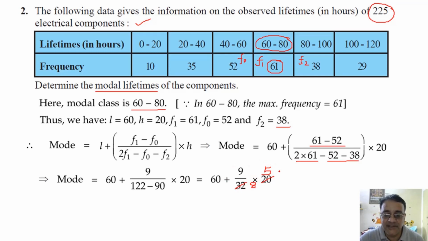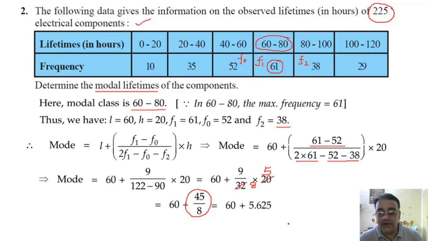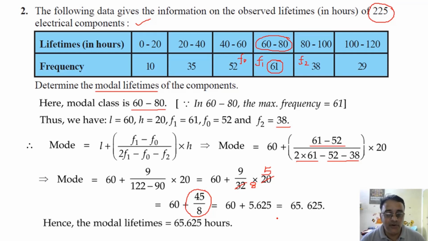So 60 plus 45 by 8 we got, and if you divide this, we'll get 5.625. So the final answer is 65.625. Hence the modal lifetime is equal to 65.625 hours. If you round up, you can write 65.63 hours. Any doubt?